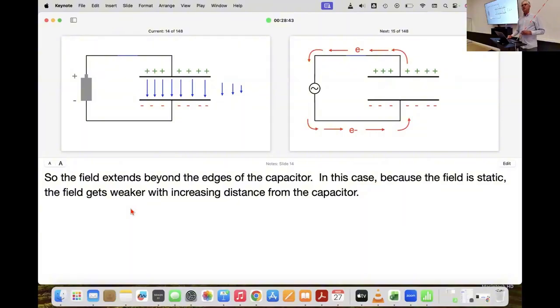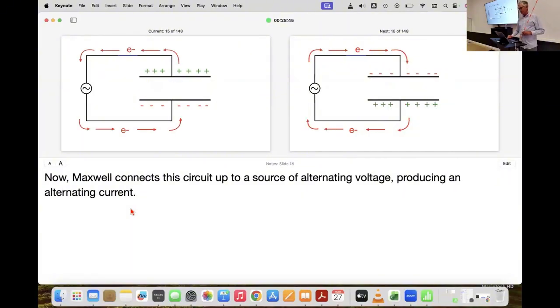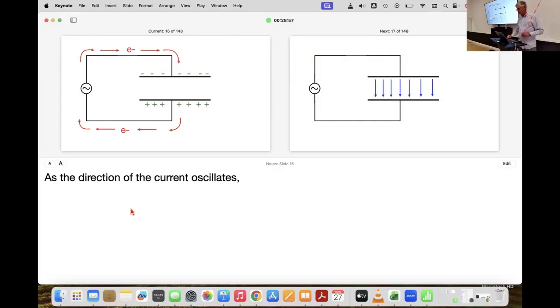And now Maxwell's going to do something much more interesting. He's going to connect the capacitor to a source of alternating voltage, just like you get out of your wall socket. So the current flows one way, and then it reverses course and flows the other way in a nice undulating shift back and forth.